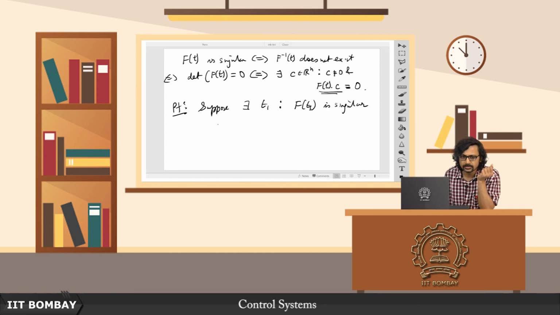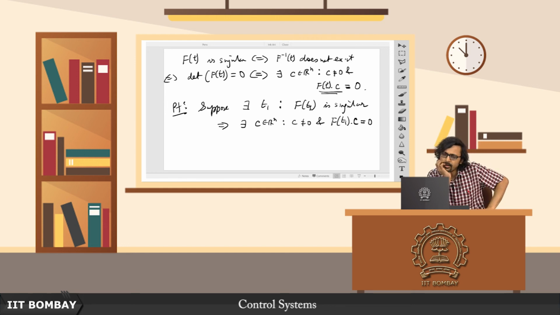Suppose there exists some T1 such that f of T1 is singular. Then we say that there exists C, an n tuple of vectors such that C is not equal to 0, but f of T1 times C is equal to 0. But remember, what are the columns of f of T1?